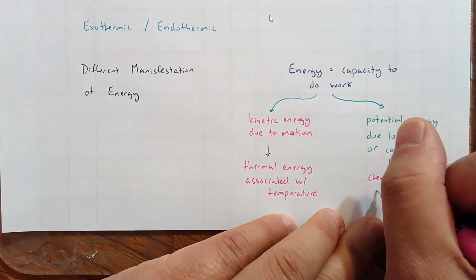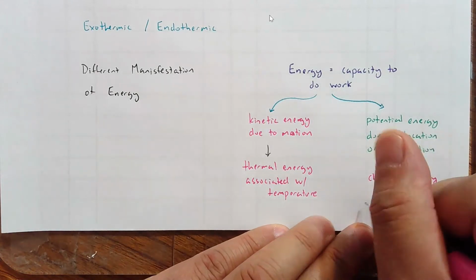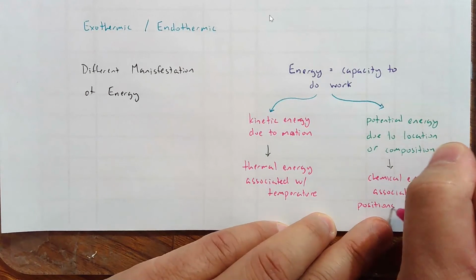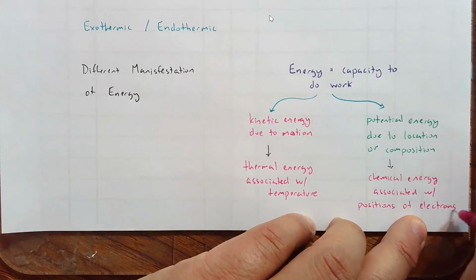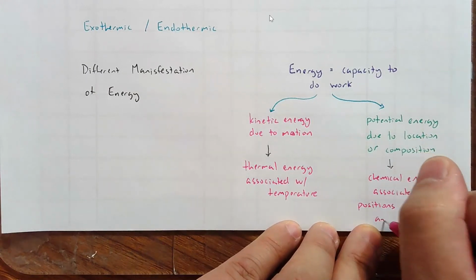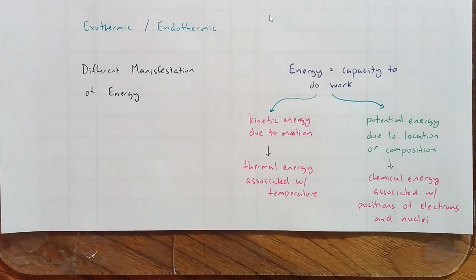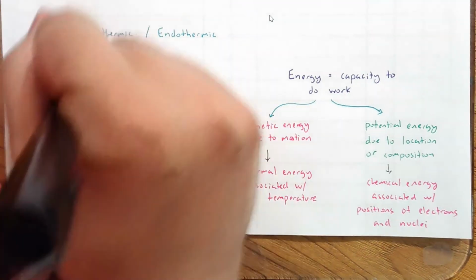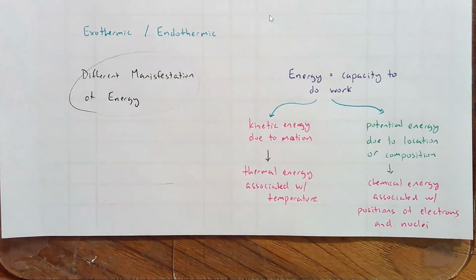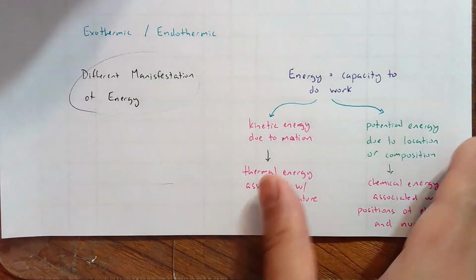And that is associated with positions of electrons. So we're still looking at location and positions of electrons and nuclei. We could take out chemical energy as these atoms react with each other. Okay. All right, so that is a pretty good chart that tries to incorporate a lot of terms that I've been throwing around in this first video. Next.